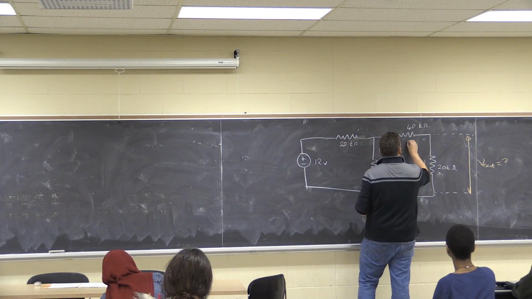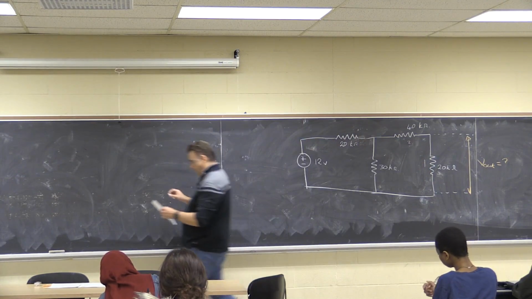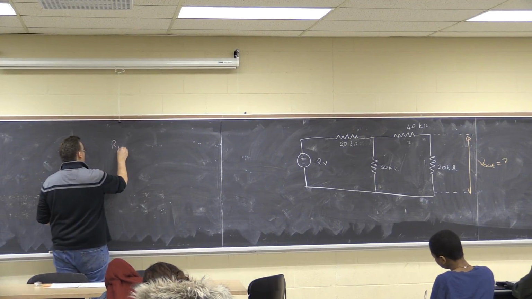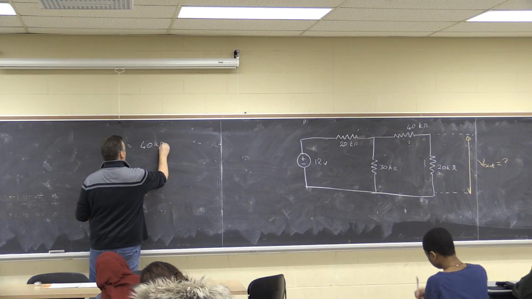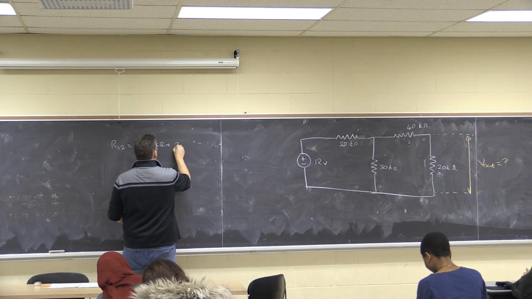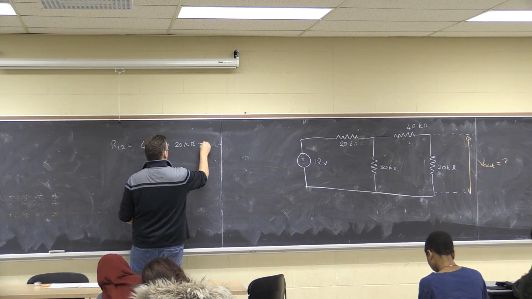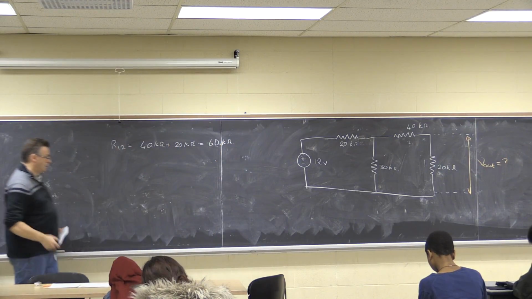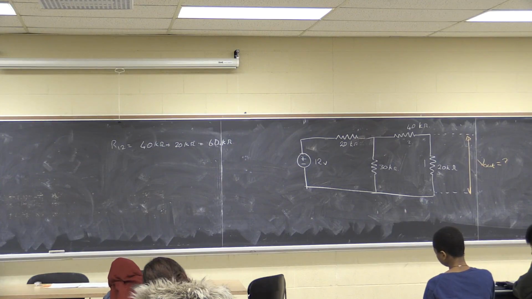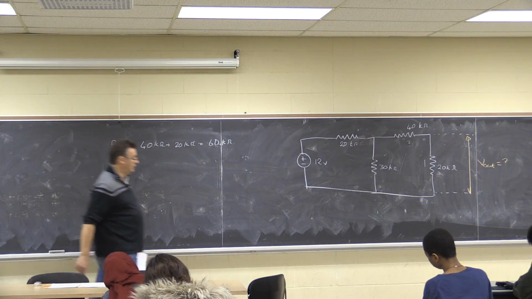So this is 1 and 2. So R12 equals 40 kilo ohms plus 20 kilo ohms equals 60 kilo ohms. 60 kilo ohms is going to be in parallel.